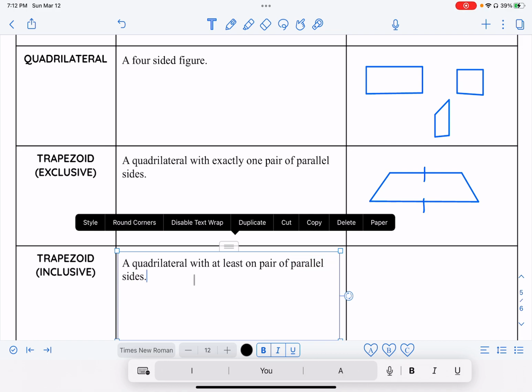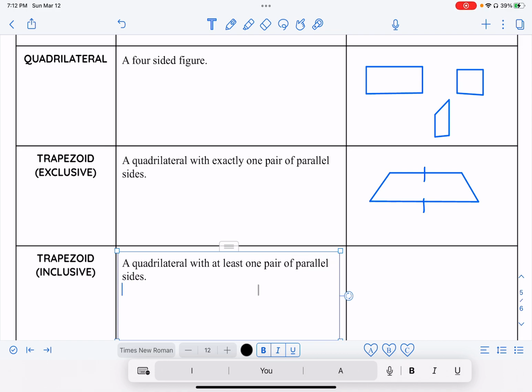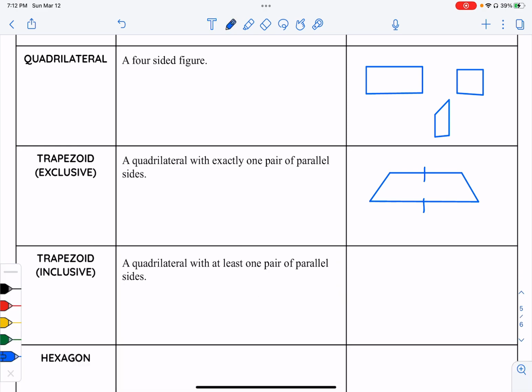So at least one pair is going to actually be this one up here as well, but it also could have more. A rectangle would be a great example of that because it actually has two pairs of parallel sides. These two sides right here are parallel, and the top and the bottom are parallel.